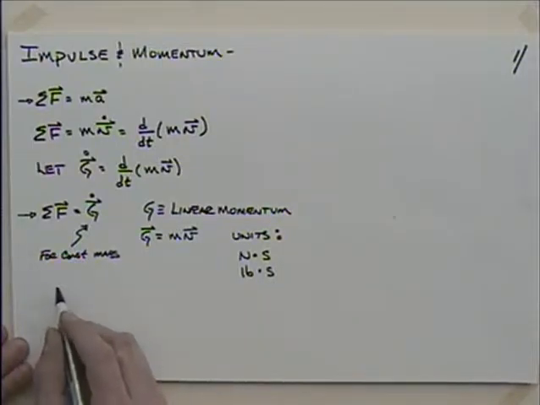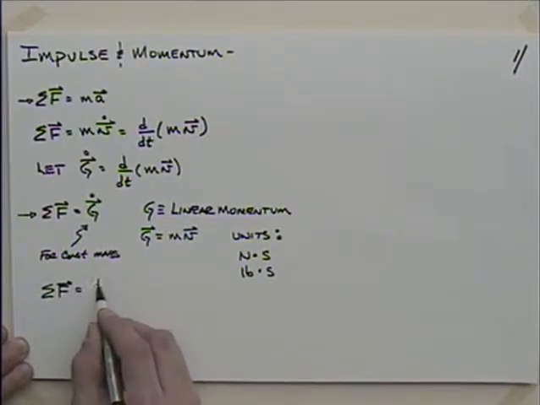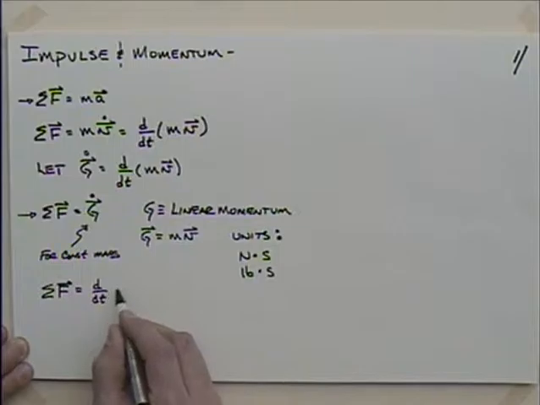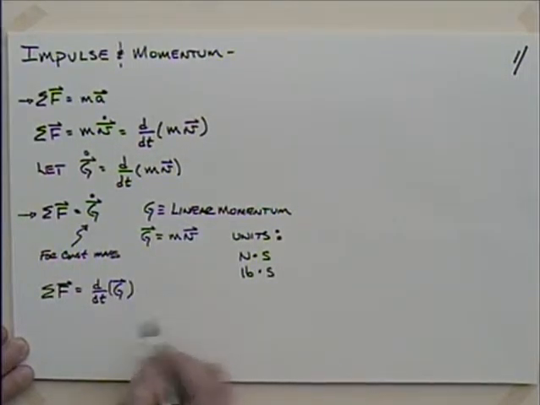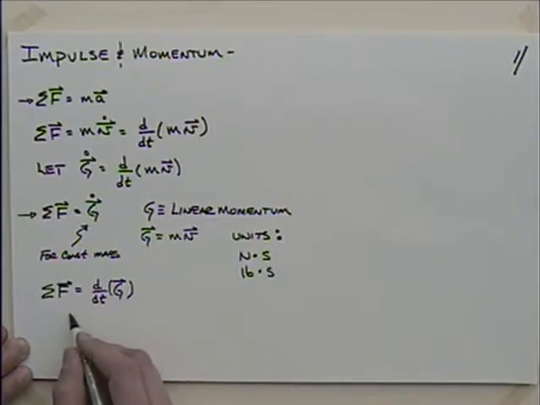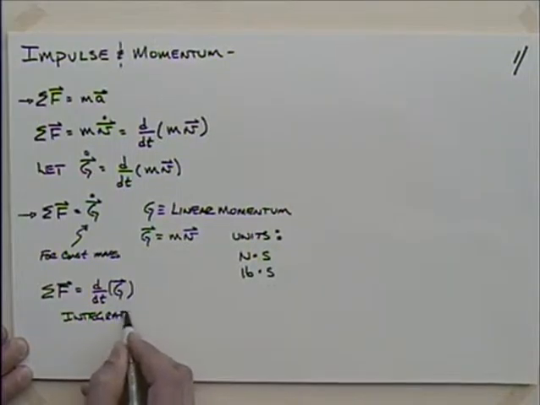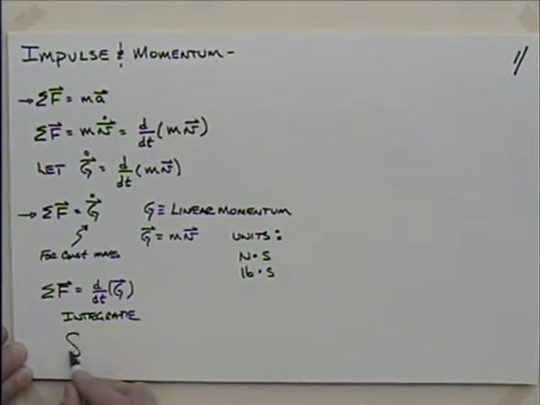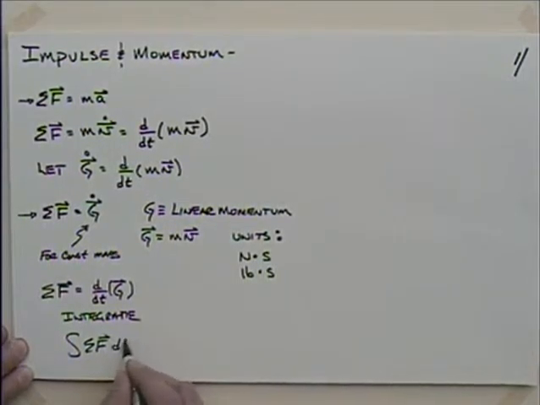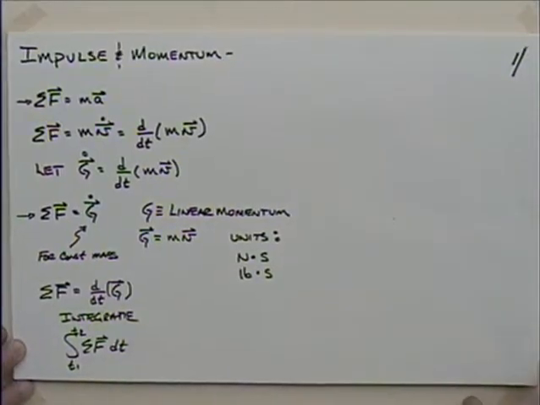And maybe if I write that out in a form we might recognize from math. So the sum of the forces is equal to the derivative with respect to time of that linear momentum. Okay. And if I integrate both sides, I get the integral of the sum of the forces over t, going from t1 to t2.